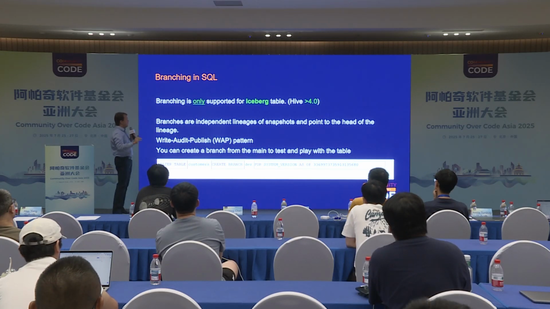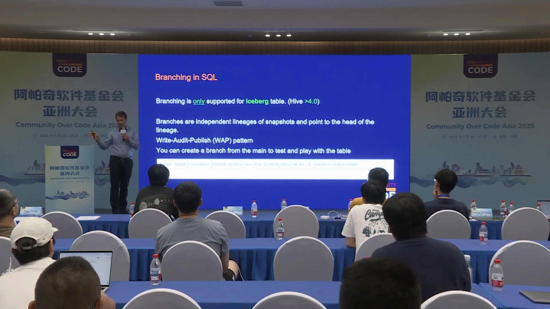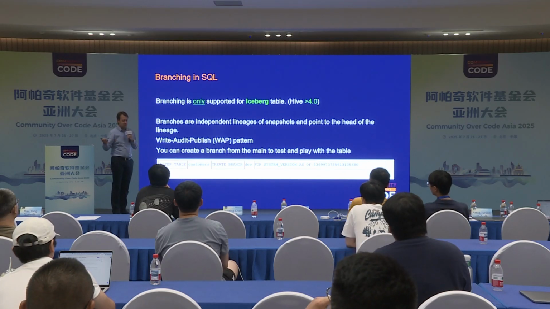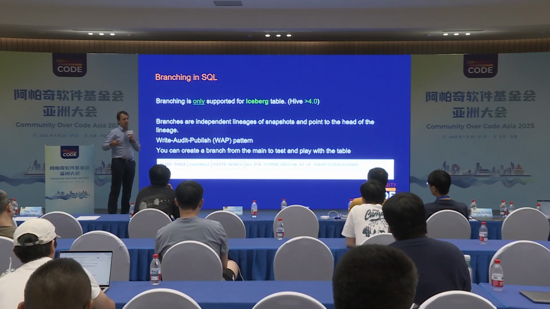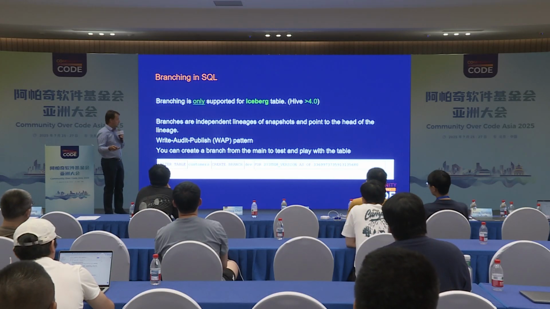This type of feature set is also available in Apache Hive from 4.0. It is available only for Iceberg tables. The old external tables and ACID tables do not have it. But as you can see from the community perspective, Apache Iceberg is one of the most developed features nowadays in the Hive community.